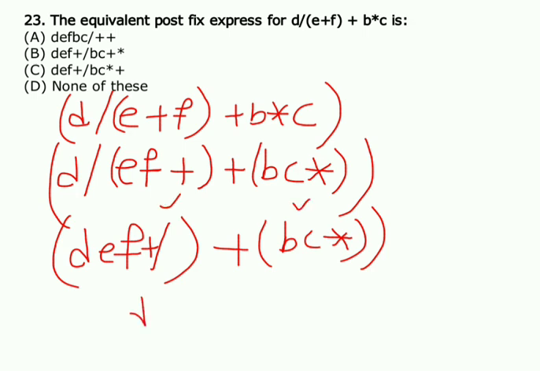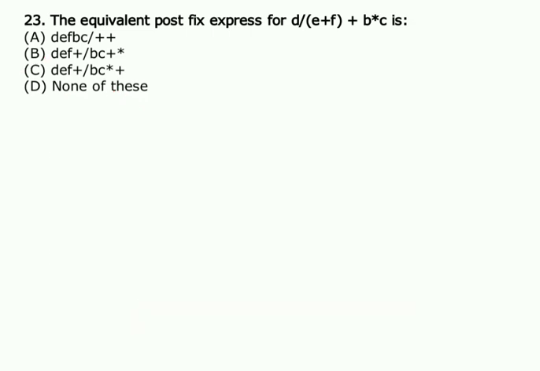So D E F plus divided by B C into and then the operator plus. So this is the correct answer: D E F plus divided by B C into plus. So option C is the correct one.